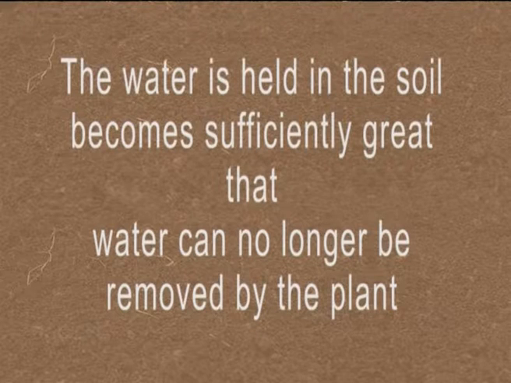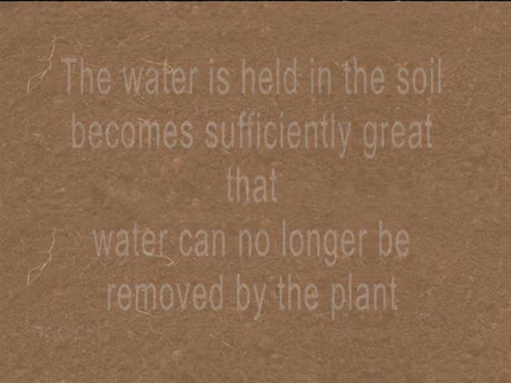As the soil water content drops below the field capacity and progressively becomes less and less, plants use less and less water. Eventually, the tension with which water is held in the soil becomes sufficiently great that water can no longer be removed by the plant, and the plant experiences stress.